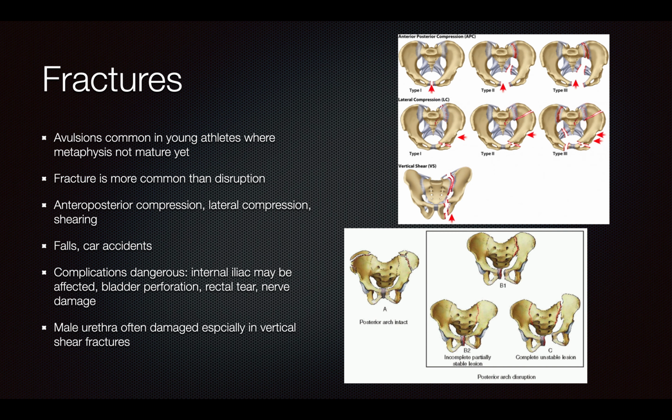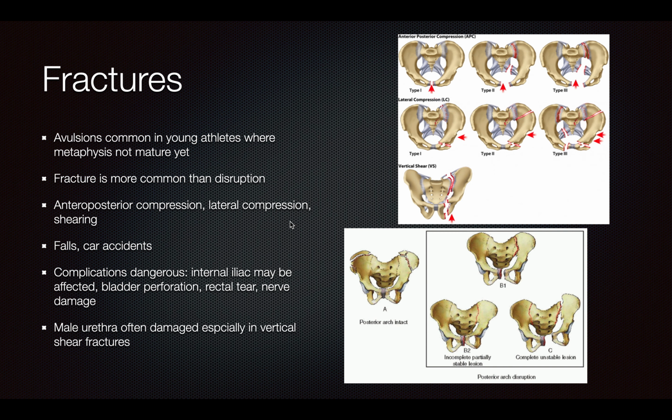Okay, let's go through the fractures. Avulsions are most common in young athletes due to the strain of the muscle, and the metaphysis isn't quite mature yet, so the contraction of the muscle is going to be stronger than the bone itself. Fracture of the bone is much more common than disruption of the ligaments, because, like I said, the ligaments are very, very strong.